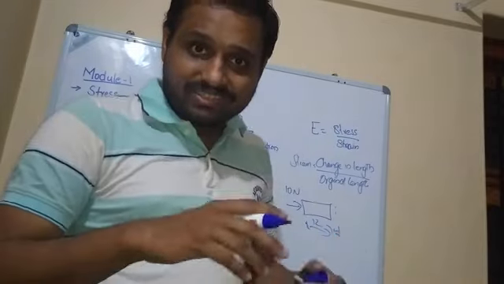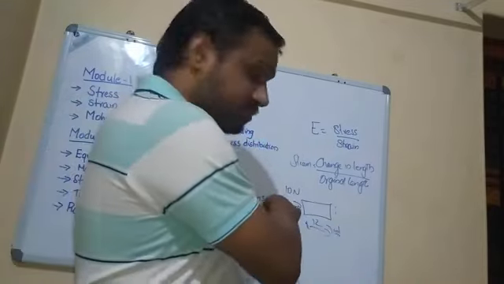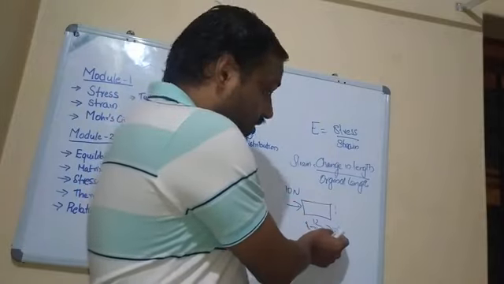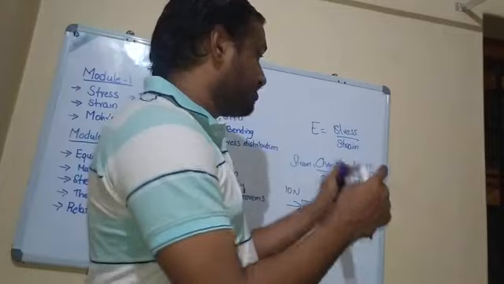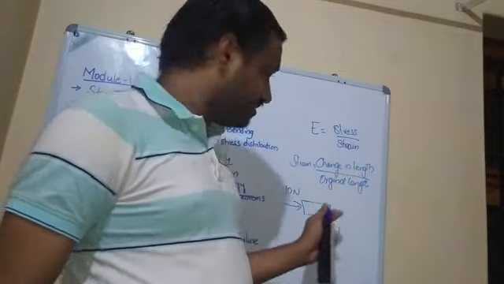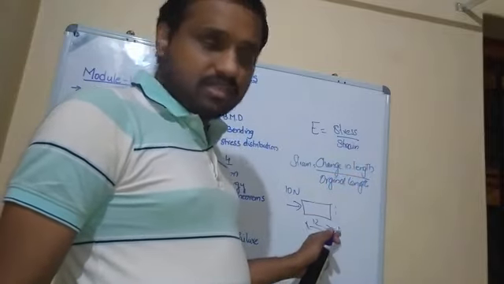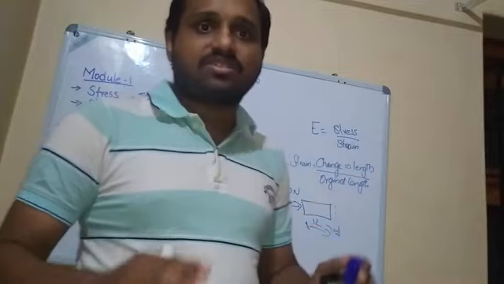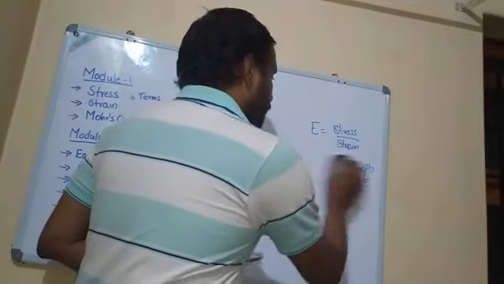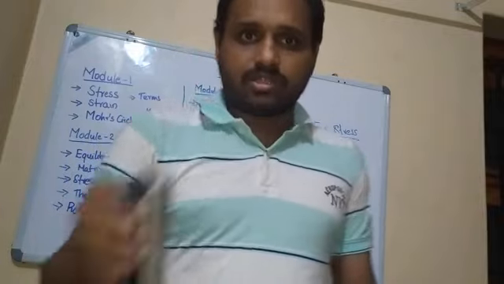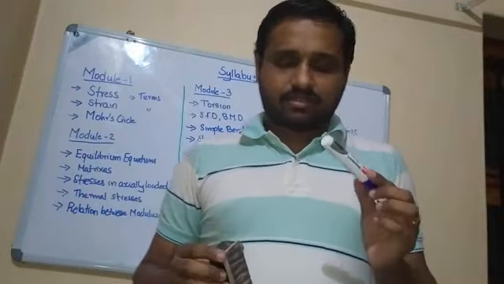This has occurred due to this 10 Newton force. A small increase in the length has occurred. This change in length, 1 mm, divided by the original length is called strain. This also you might have studied in your basic physics, right?